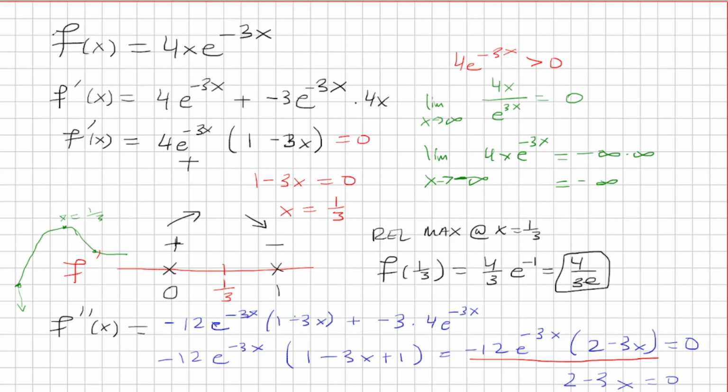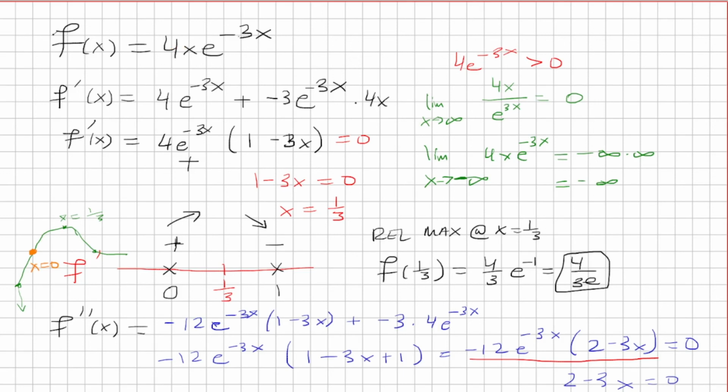Now, if f of x is defined on the interval 0 to infinity, find the absolute maximum and minimum values of f. Okay. So for that, we're going to cut this graph here at x equals 0. What's the value at x equals 0? Well, plug in 0 here.